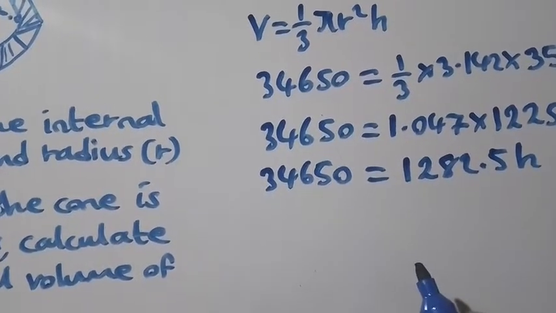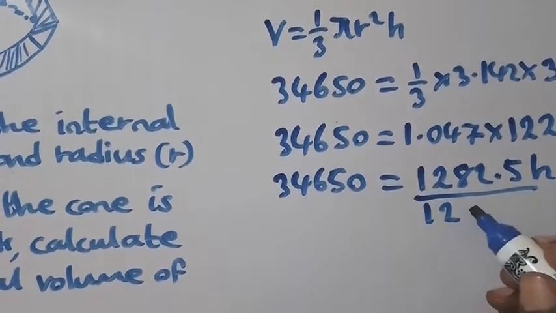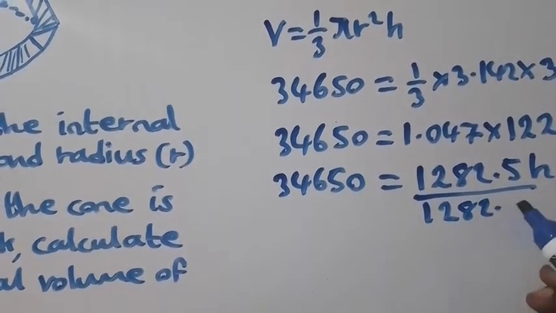So now to make h subject of the formula, we have to divide both sides by 1,282.5.